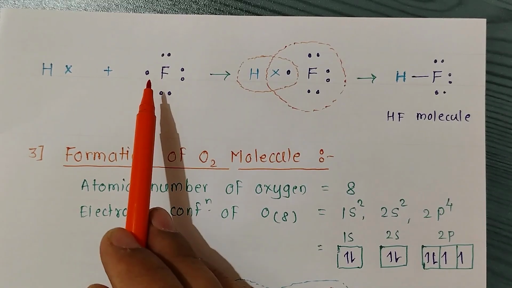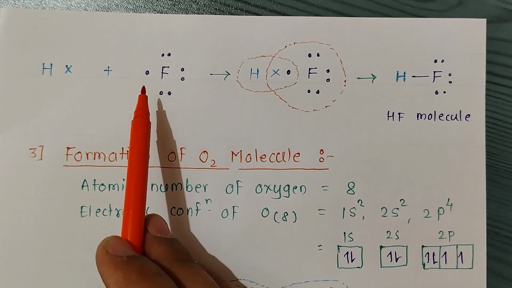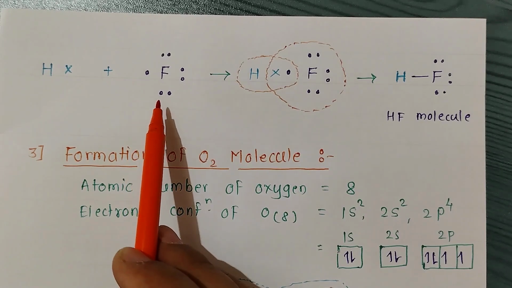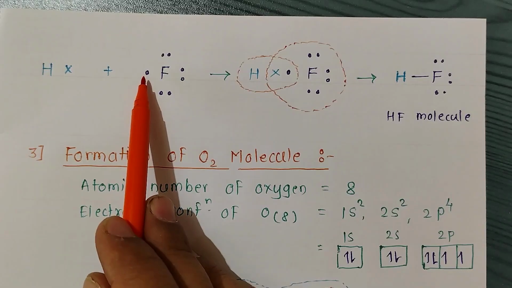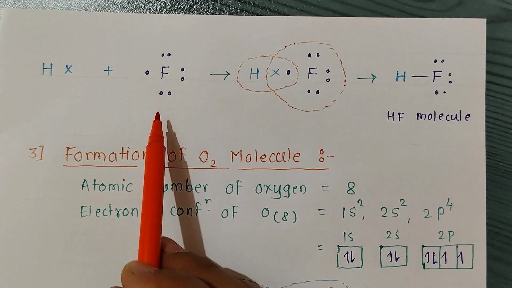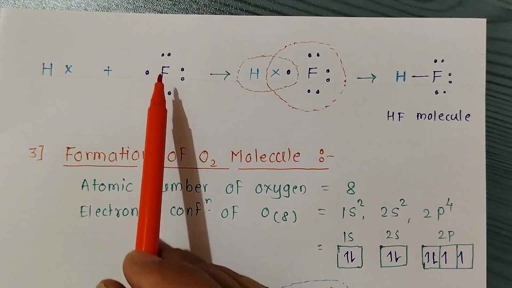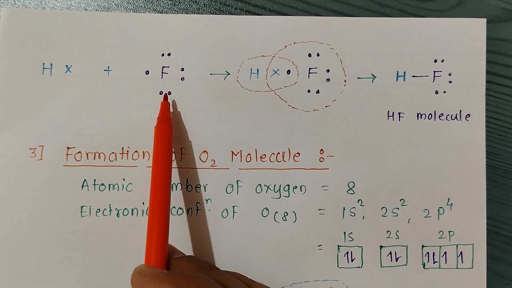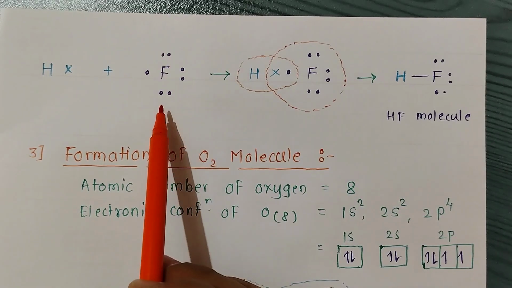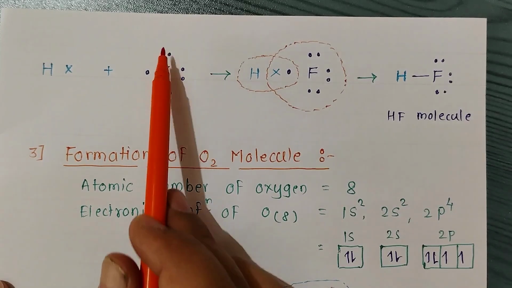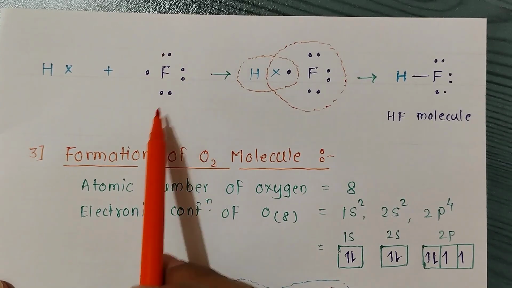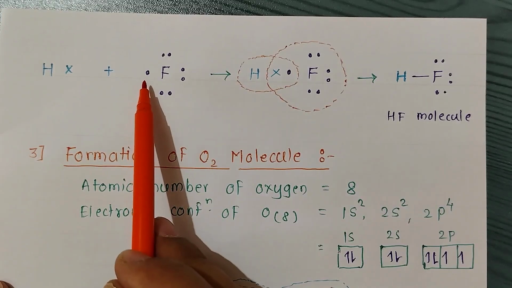Previously we saw that in fluorine, total 2 plus 2 is 4, plus 2 is 6, and 7 electrons are present in the valence shell, but out of this there are 3 pairs of electrons, which we also call non-bonding electrons. They do not involve in bond formation. These 3 electron pairs do not involve in bond formation. Only this single electron is involved in the bond formation.